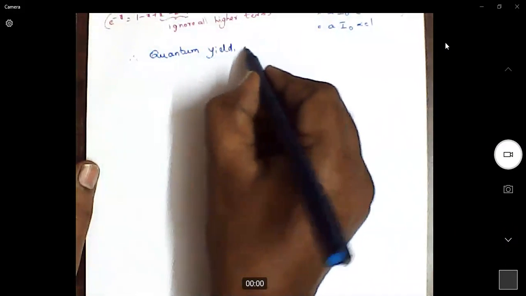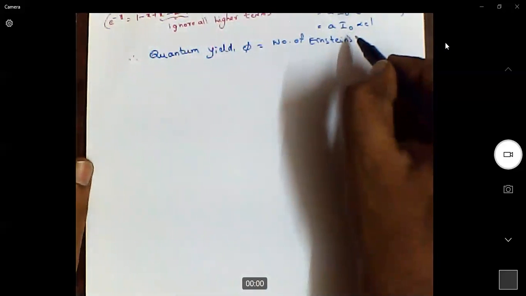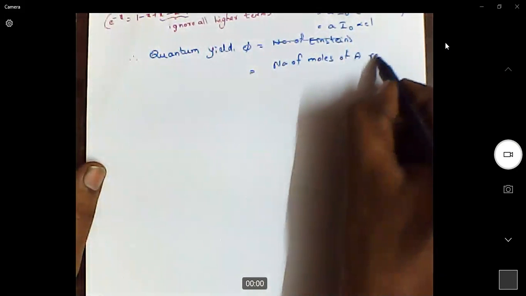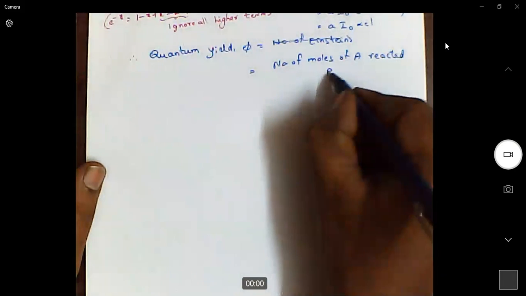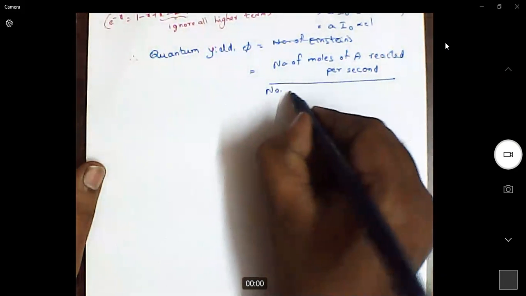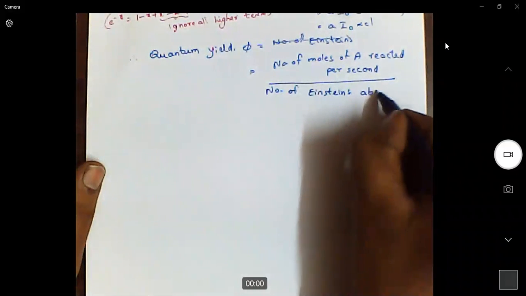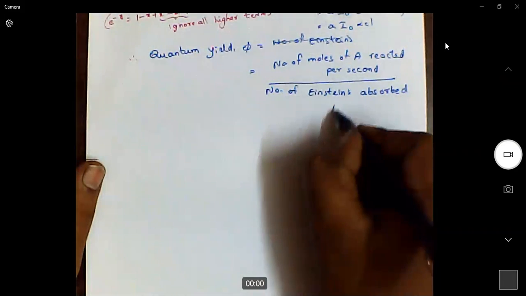Quantum yield phi is given by number of moles of A reacted per second divided by number of Einsteins absorbed per second.